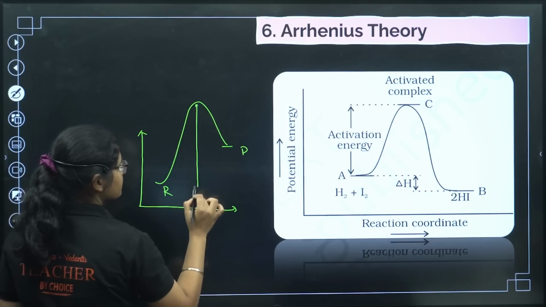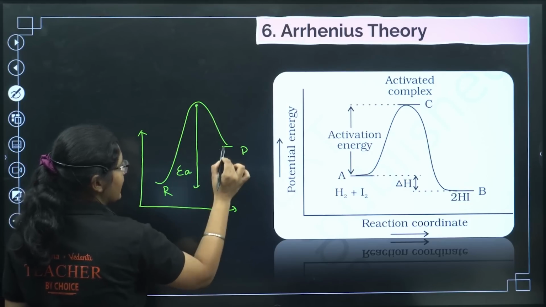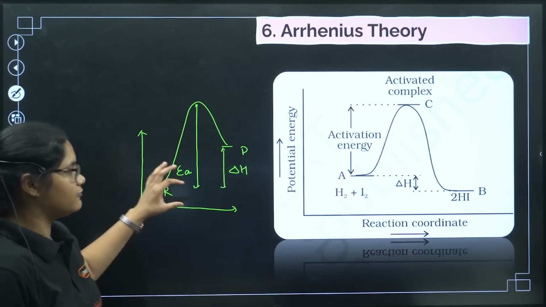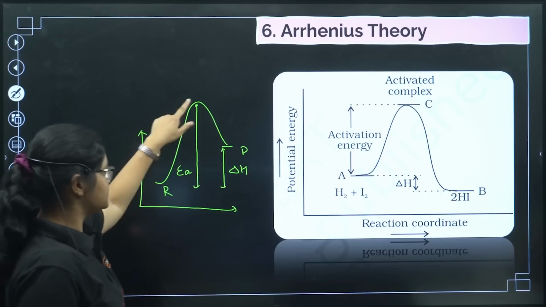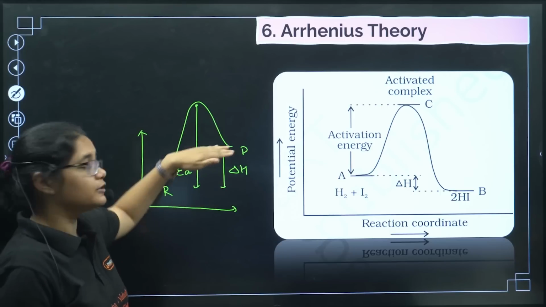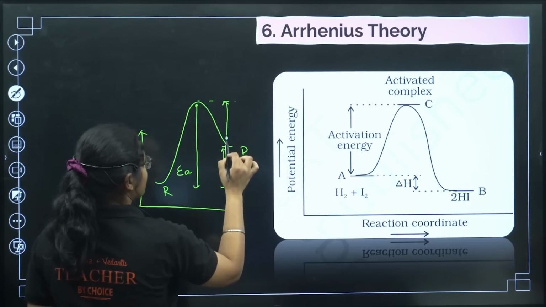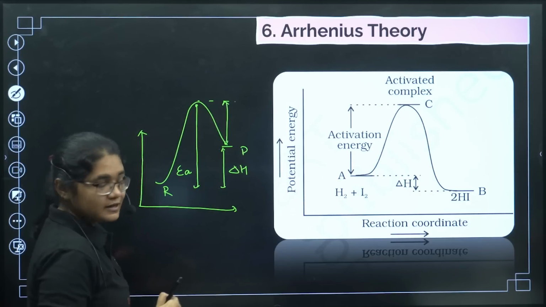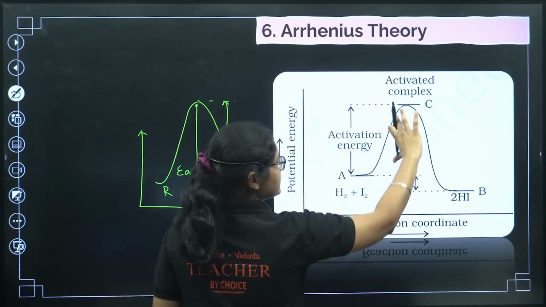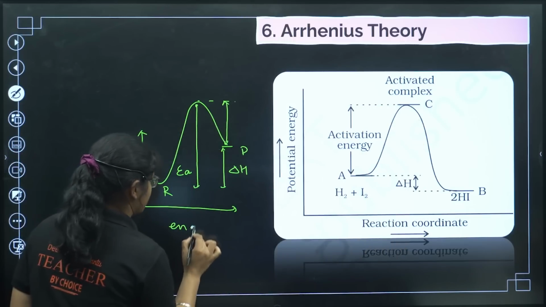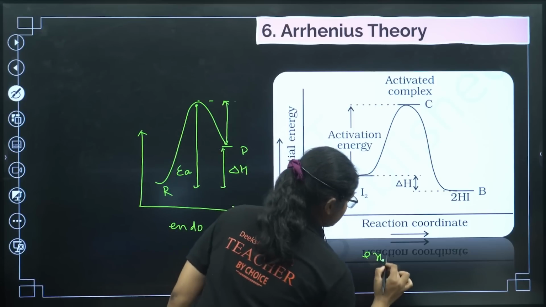This energy will be called the activation energy, and this energy is called delta H. So you should be very careful. Many times it is asked what is the activation energy for the backward reaction. So the backward reaction activation energy will be this value, right? So you have to subtract this minus this. Here if it is asked for the backward energy, then this plus this. That is why the graph should be very clear. This graph is for endothermic and this graph is for exothermic.